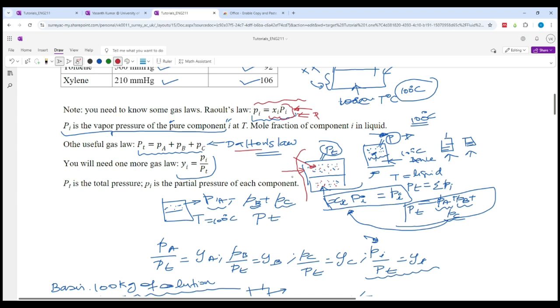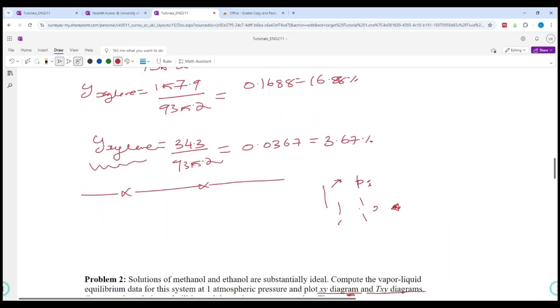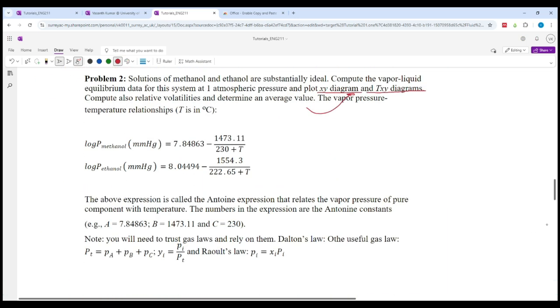So that's what we learned, and now we are going to extend the knowledge that we gained in the previous problem, and do a few more calculation steps that allow you to calculate the TXY diagram, or what we call the vapor liquid equilibrium data, VLE data. What does that mean?